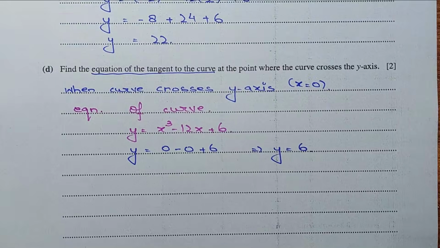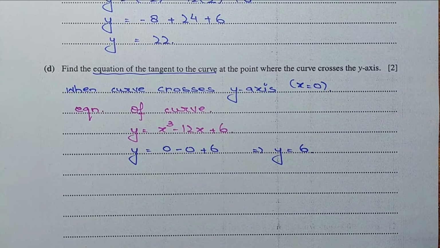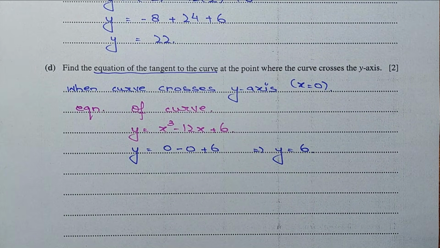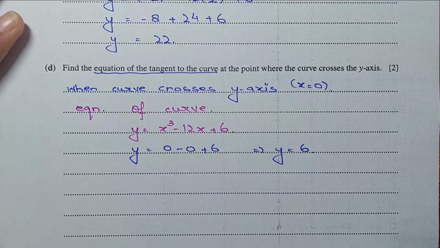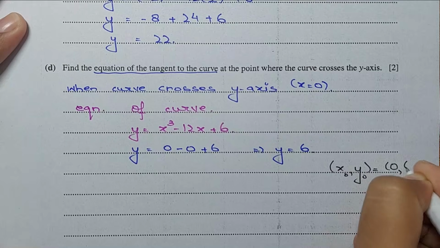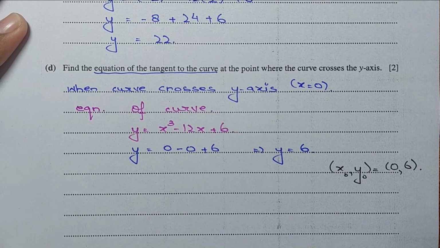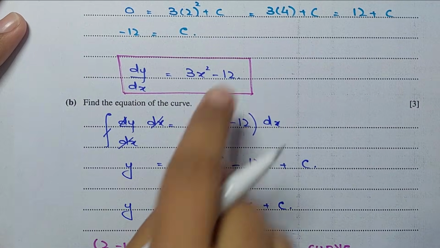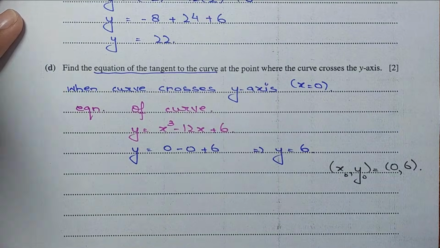So keep in mind, for an equation of tangent, we need the gradient of the tangent and we need the point. So now the point, we have the point x naught and y naught. When x is equal to 0, the y value is 6. And for the equation of tangent, we need the gradient of the curve. And we have the gradient of the curve. You can see this is the gradient of the curve, right?